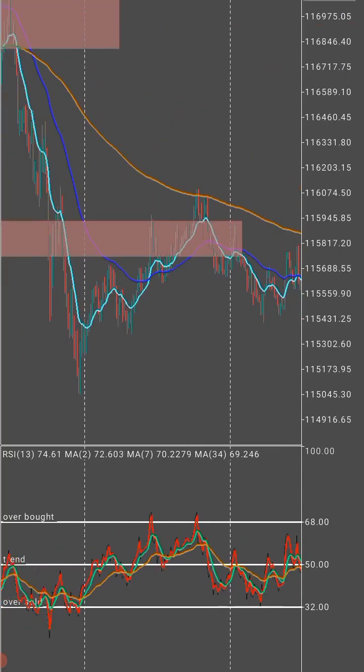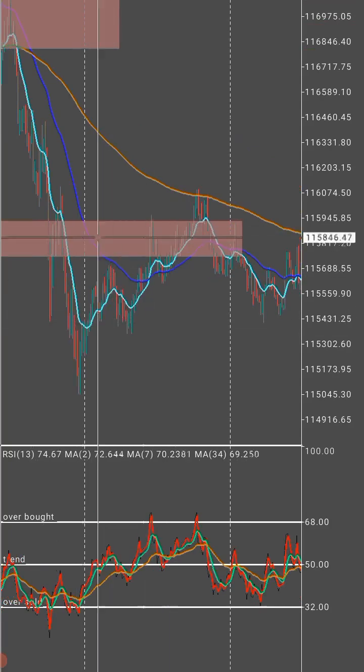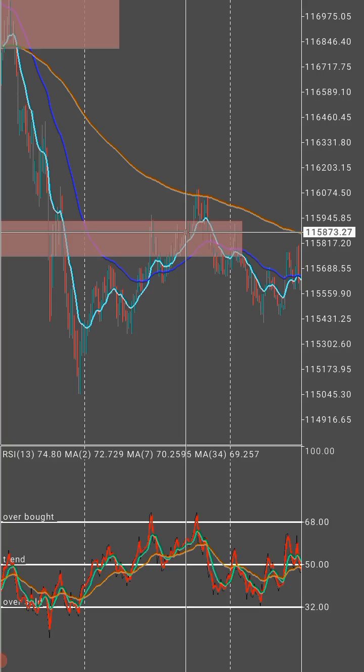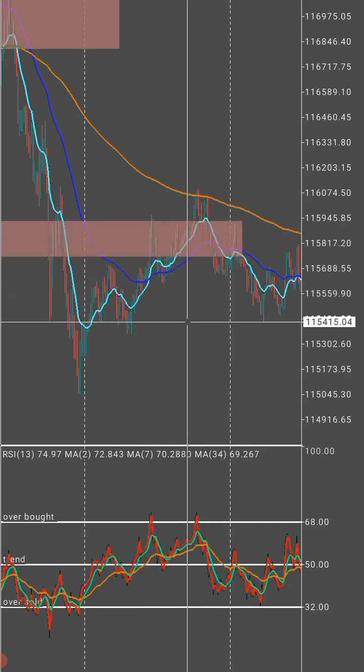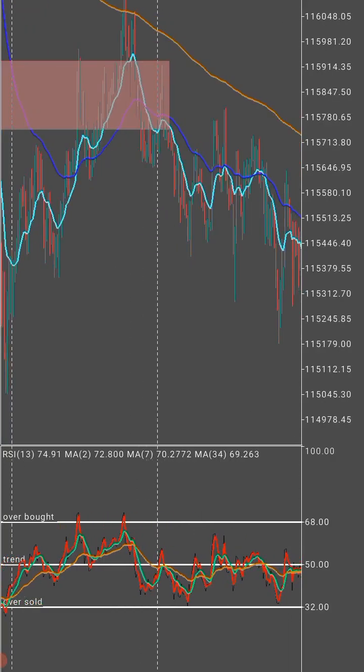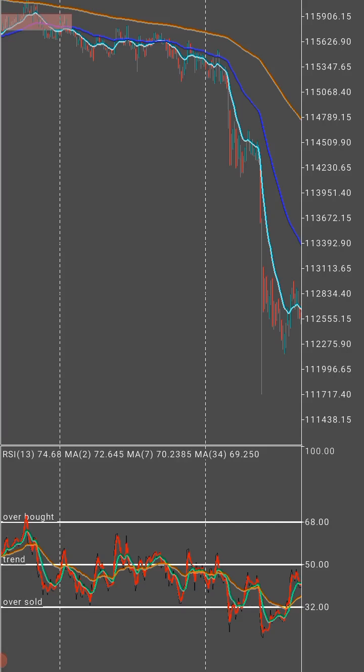Now put this at the back of your mind: when a setup fails, because you trade what you see, look at how the price moves.